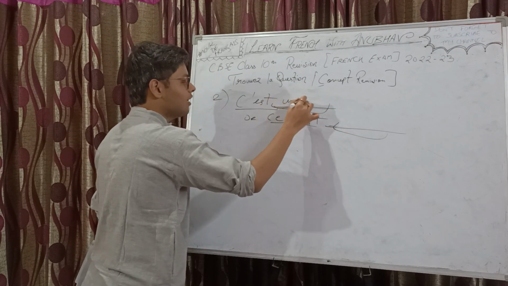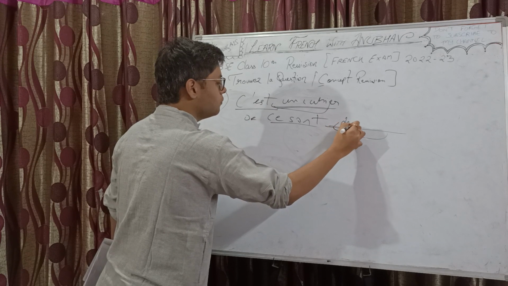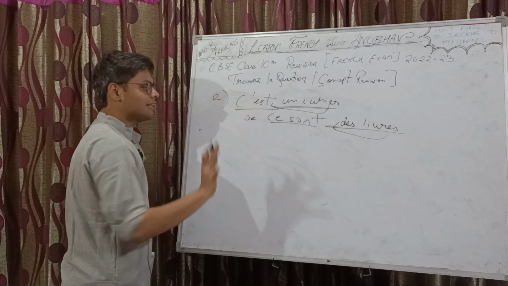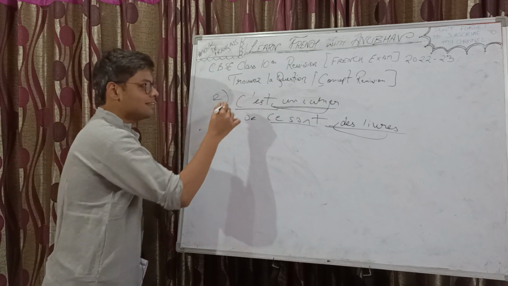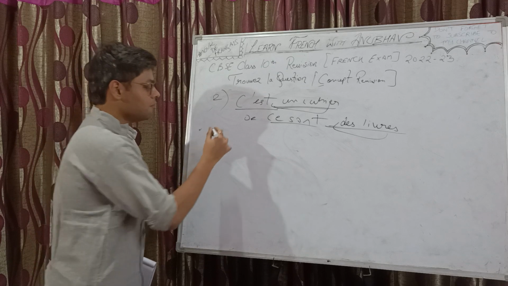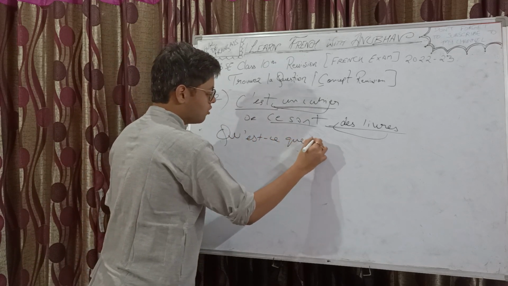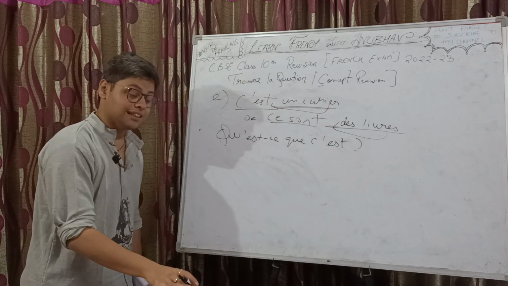Suppose c'est un cahier, or say ce sont des livres. Okay, so for example, this is your question, right? In both such cases, be it c'est or ce sont, the question will be qu'est-ce que c'est? Qu'est-ce que c'est stands for what is this and what are these as well.